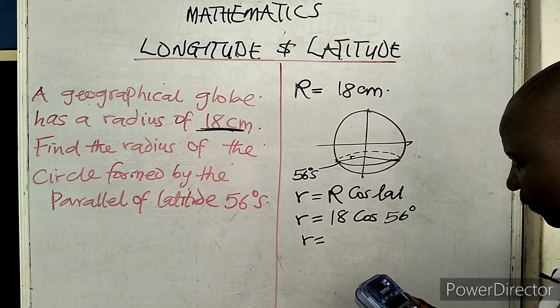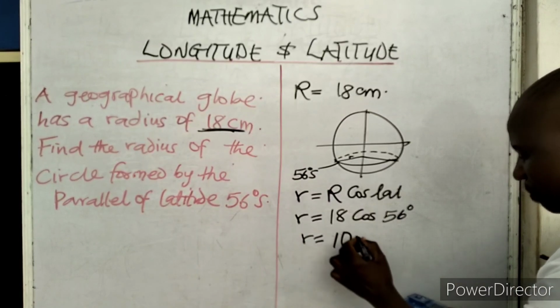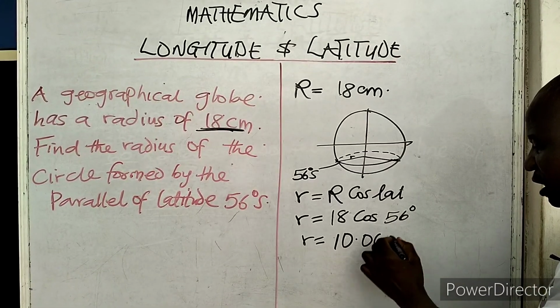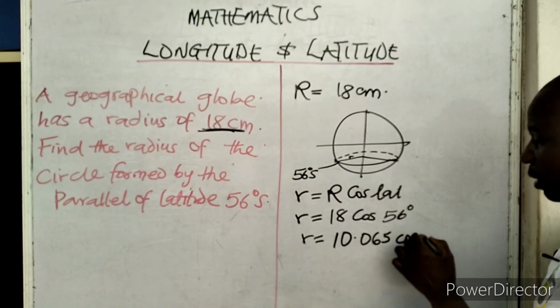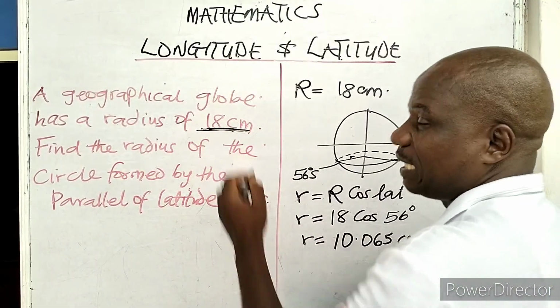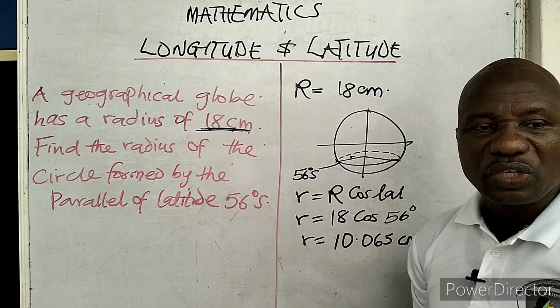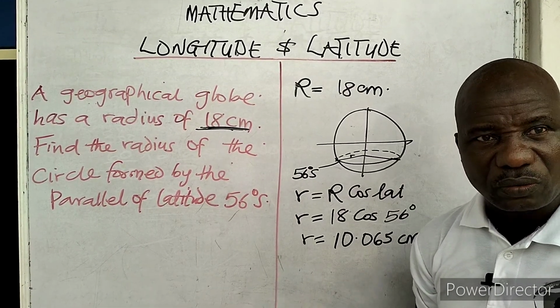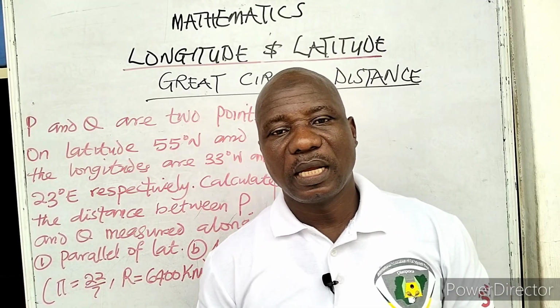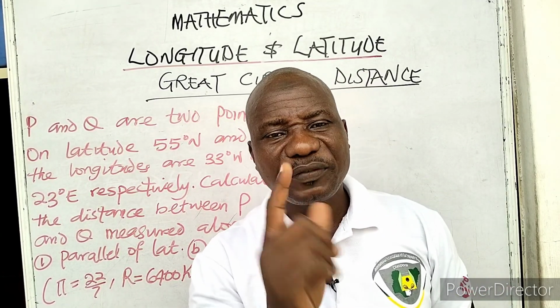Class, you have 10.065. Put the unit in centimeter, because the radius here is in centimeter. You don't say kilometers. I think it's not understood.